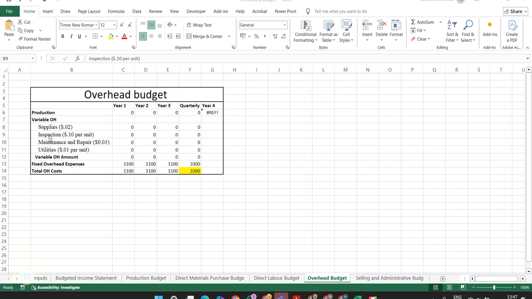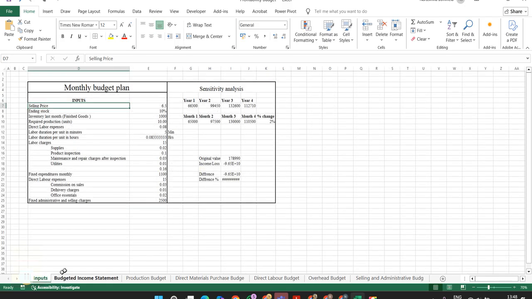See, search for these values, these numbers. You will usually get supplies and repairs, utilities, these details in your sheet. If any of these values are not seen, make sure you calculate it from total annual values.